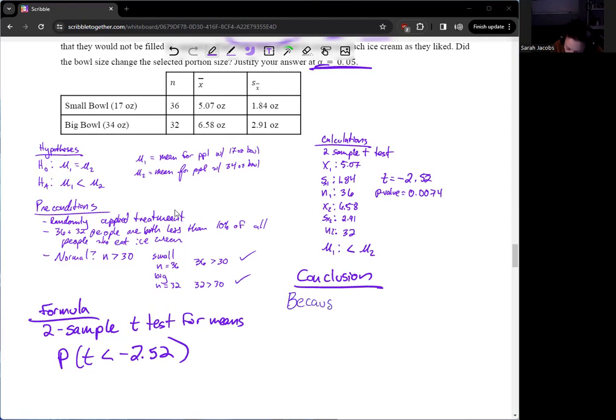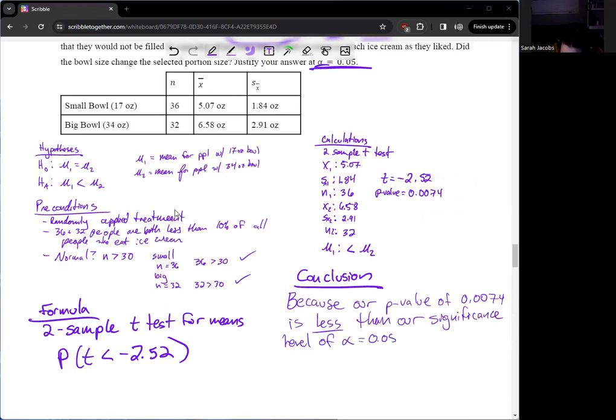Because our p-value of, use this actual number, 0.0074 is less than our significance level of alpha equal to 0.05, we reject the null hypothesis.